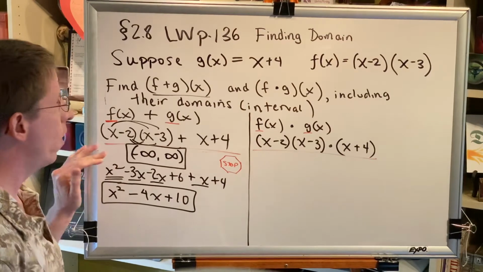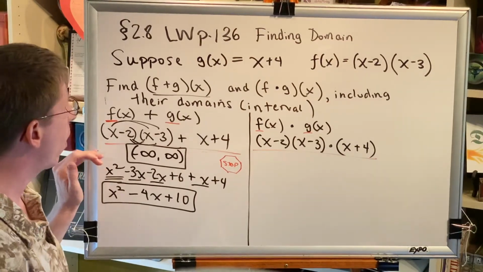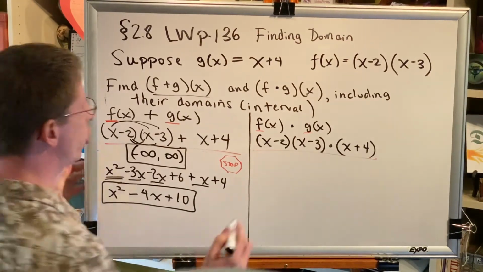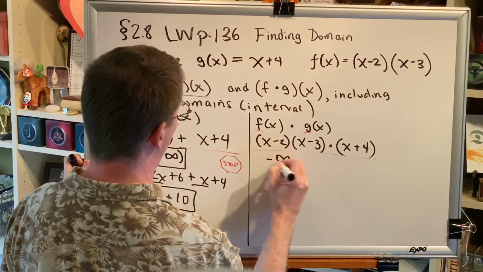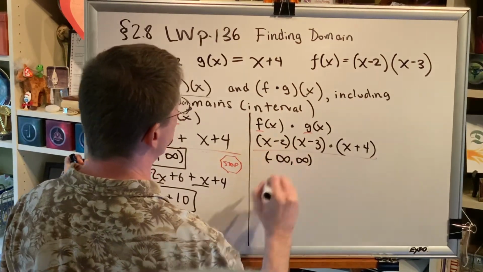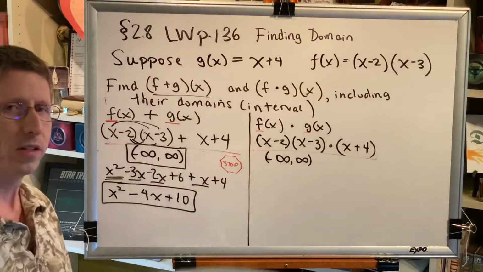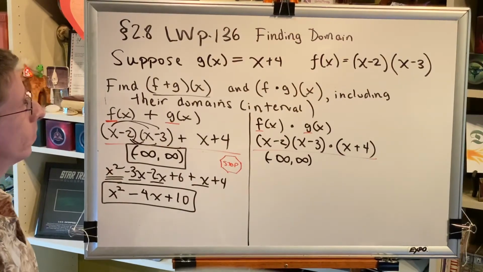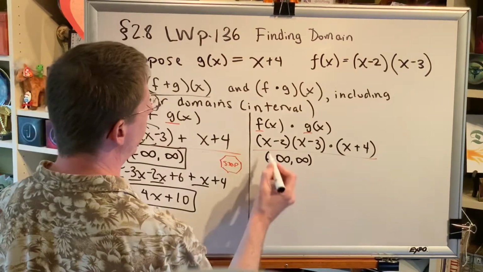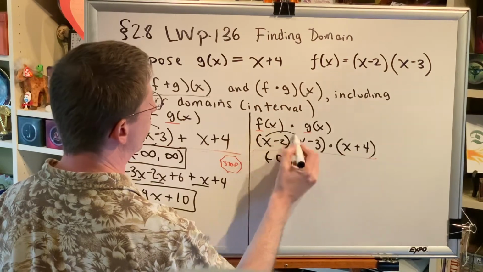As before, there are no even index radicals or logarithms or denominators, so the domain is negative infinity to positive infinity. Now continue on with the simplifying step. We will once again FOIL this part of the problem.